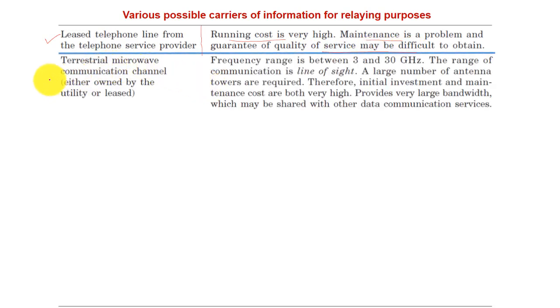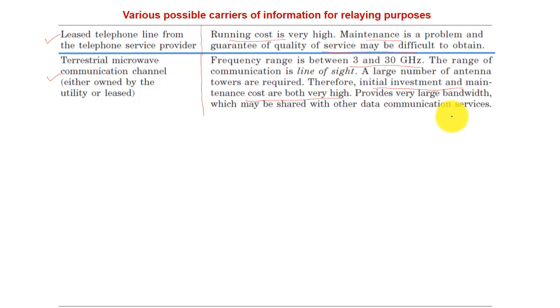The second option is a terrestrial microwave communication channel, either owned by the utility or leased. The frequency range is between 3 to 30 gigahertz, very high frequency. The range of communication is line of sight. A large number of antenna towers are required, like mobile towers, therefore the initial investment and maintenance costs are both very high.